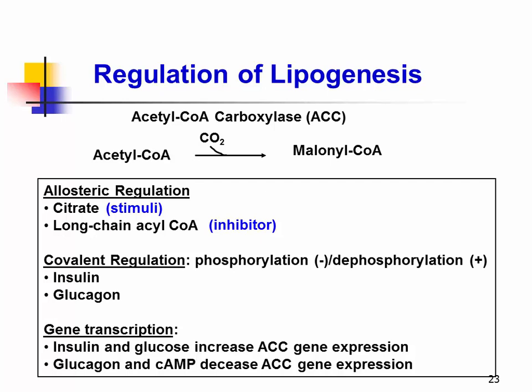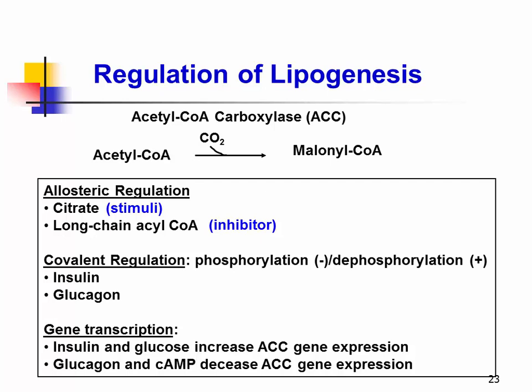And long-chain acyl-CoA, we just mentioned, right? Remember, we all know that a high-fat diet inhibits lipogenesis. So long-chain acyl-CoA, fatty acyl-CoA, is connected with the high-fat diet. When we eat a high-fat diet, we absorb a lot of fatty acids from the diet. That makes your blood long-chain fatty acid level high.